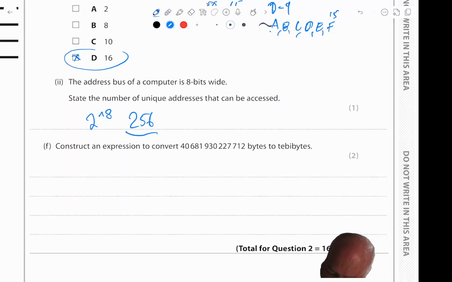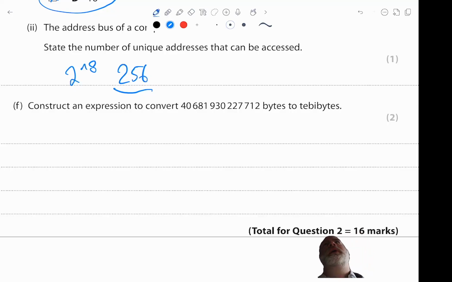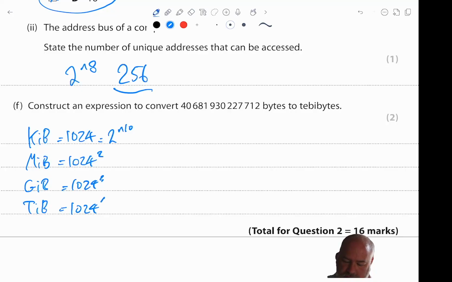Construct an expression to convert all those bytes to tebibytes. So you need to remember that a kebibyte equals 1024, 2 to the power of 10, right? Mebibyte equals 1024 squared. Just remember these, memorize them: 1024 cubed, and then 1024 to the power 4 is tebibyte.